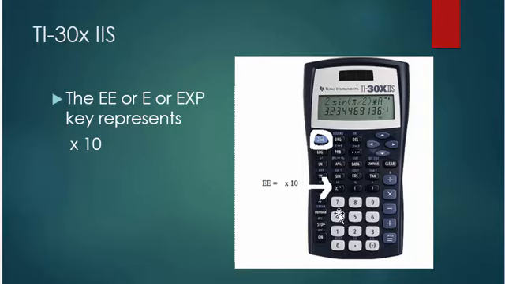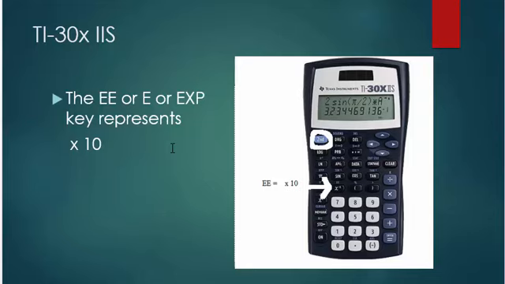You can also input times 10 by using the multiplication key and 10, but that can lead to some problems. If you are going to do that, you must always put your values in parentheses so that the power of 10 remains with the rest of the number that's in scientific notation.